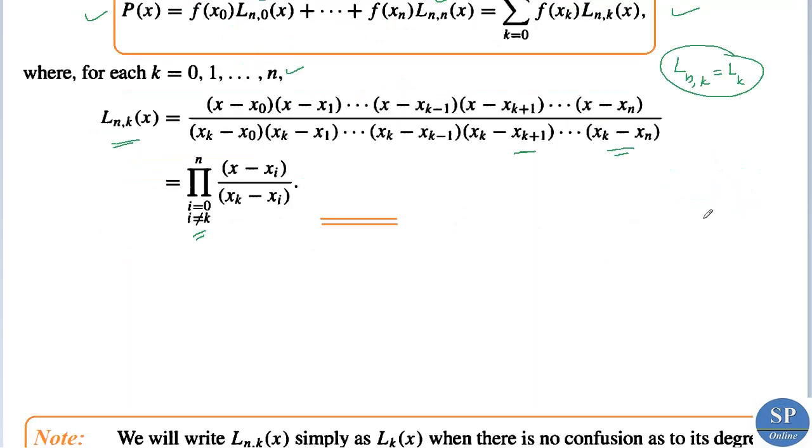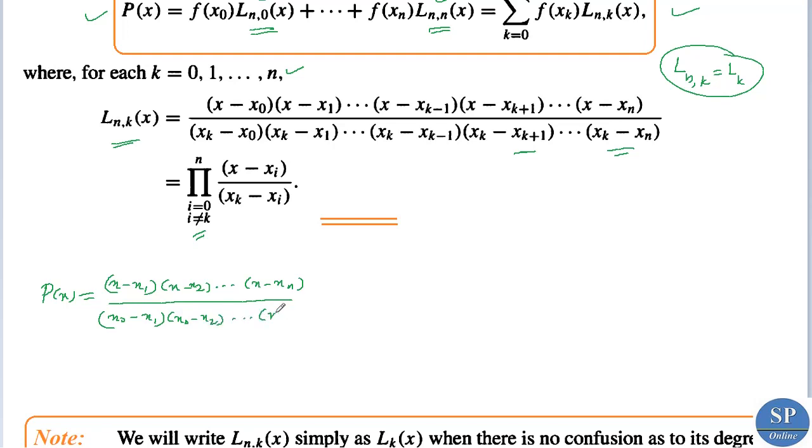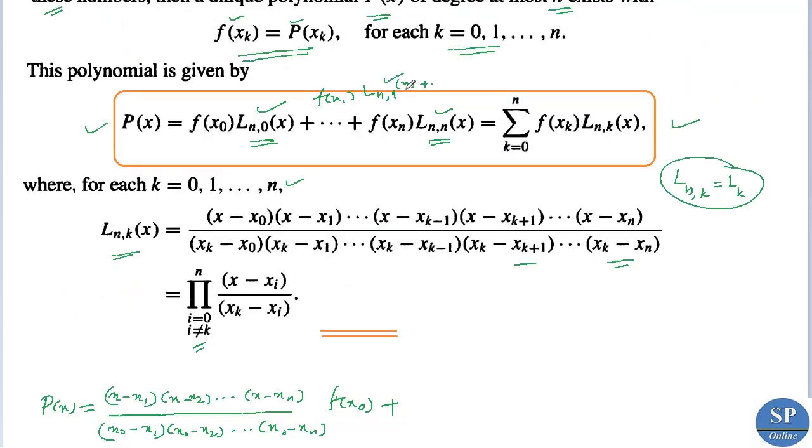So if we replace these values of L0, L1, etc., Ln, we will get the Lagrange interpolating polynomial as p of x equal to (x minus x1)(x minus x2), etc., (x minus xn) divided by (x0 minus x1)(x0 minus x2), etc., (x0 minus xn) into f of x0. This is the first term. Then the second term is L1 into f of x1.